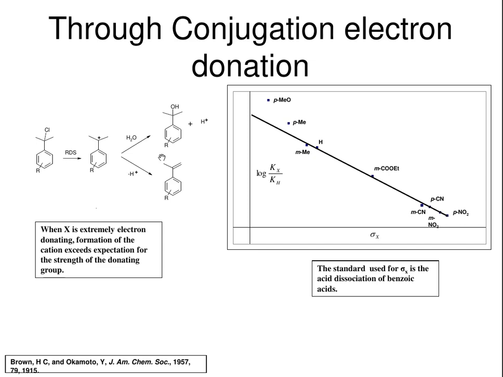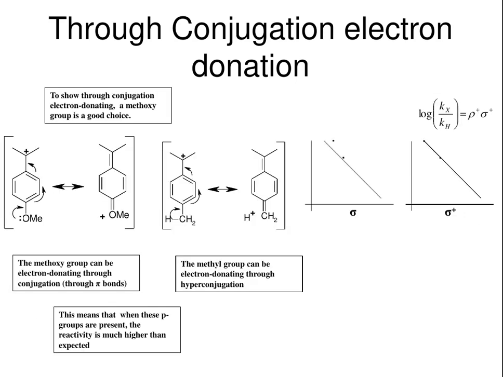And if you look carefully at this reaction, it's an SN1 type reaction, and the question is, why would it be accelerated by a para-electron donating group? So when X is electron donating in the para position, why do we see this far more reactive than expected?